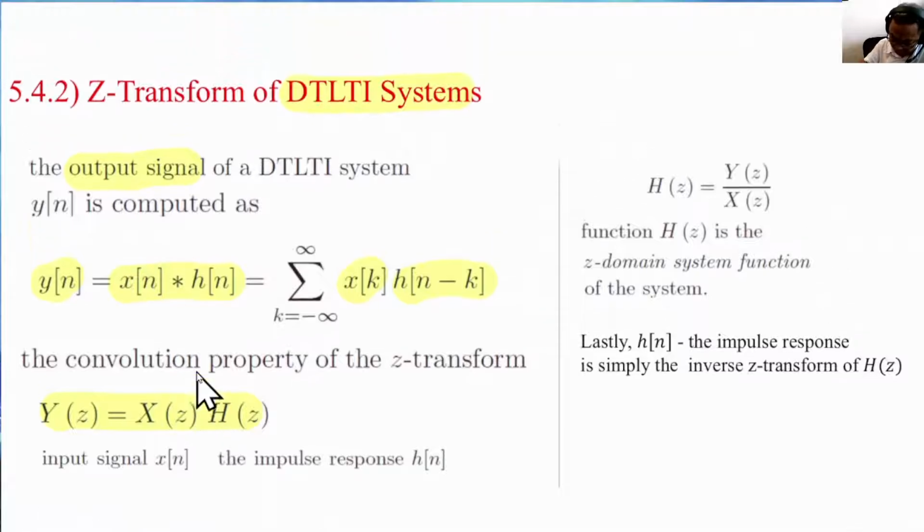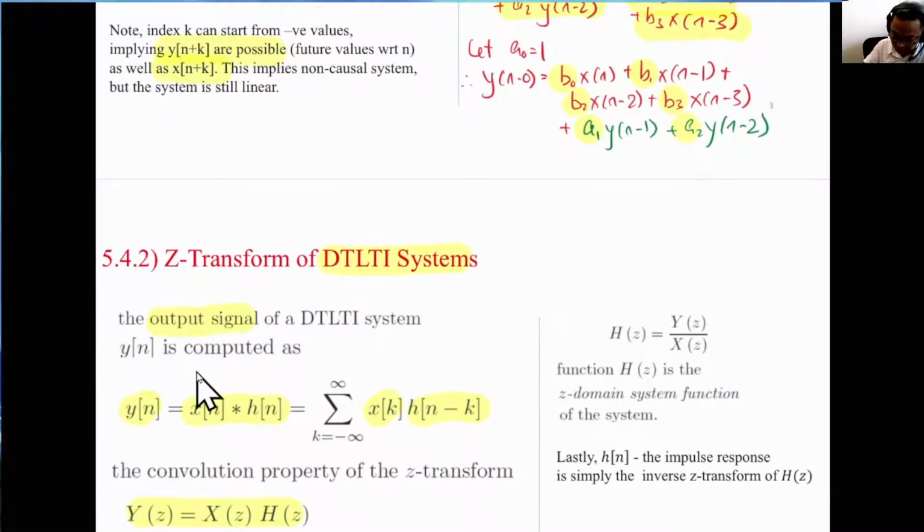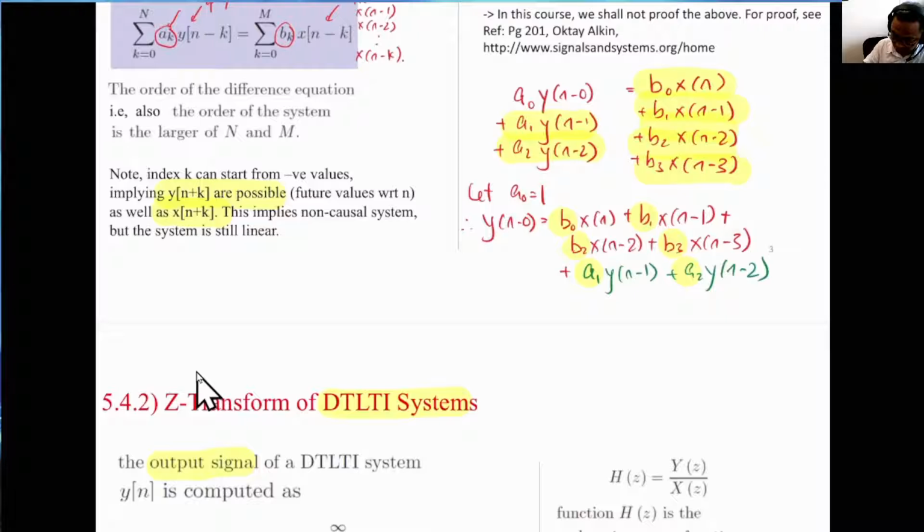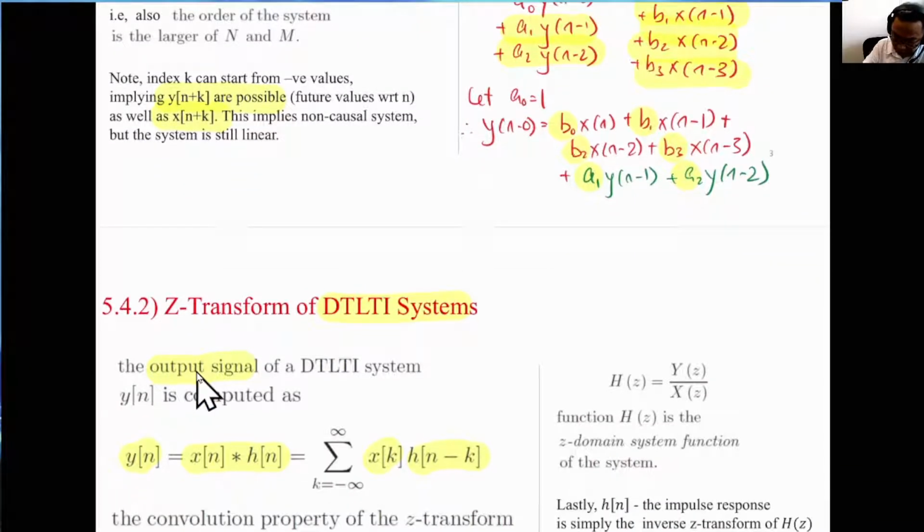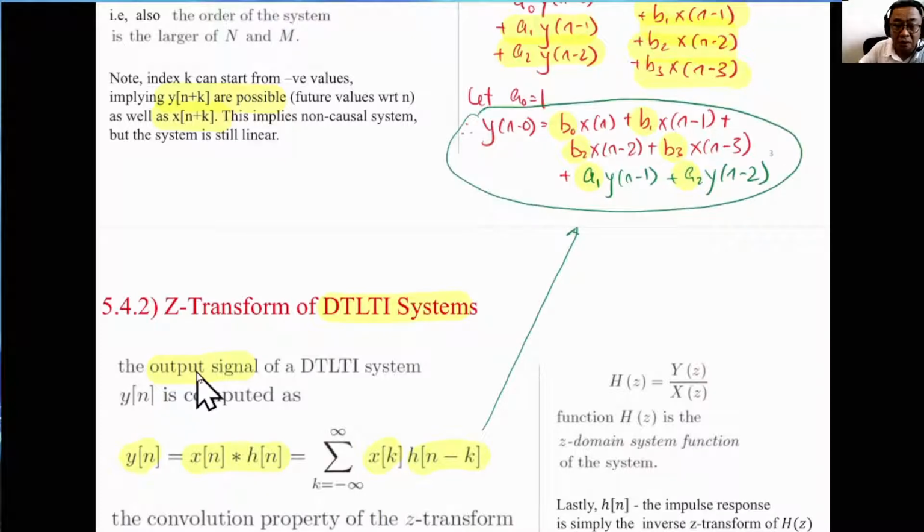Now, how is this compared to the previous equation? In the previous equation, we saw that discrete time LTI systems are written in this form. This is the constant coefficient difference equation, discrete time system.